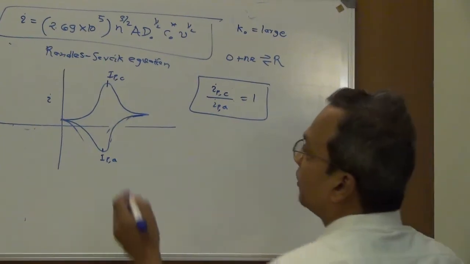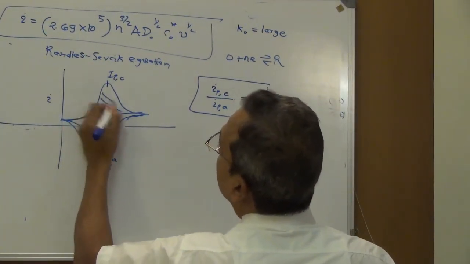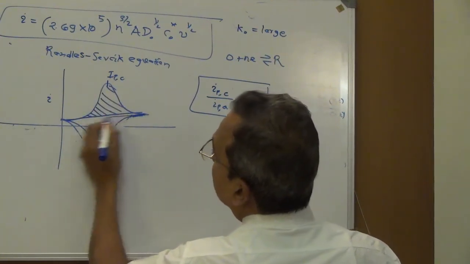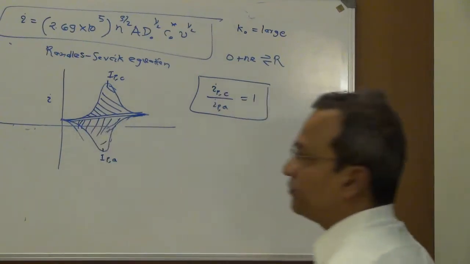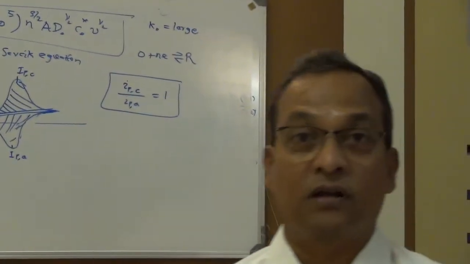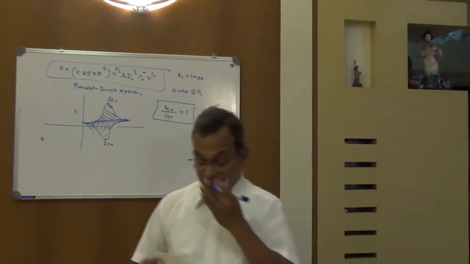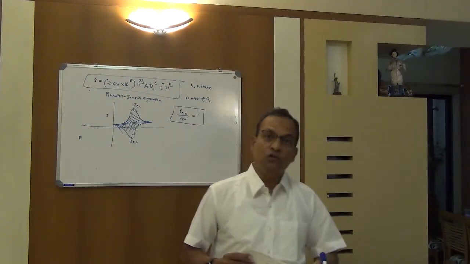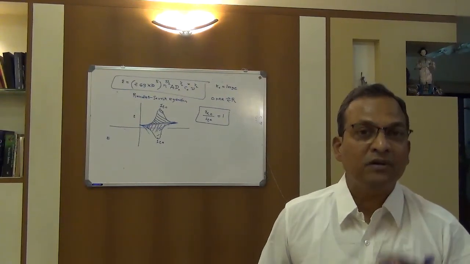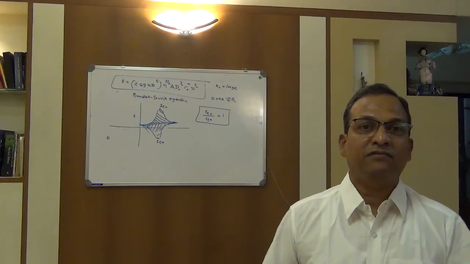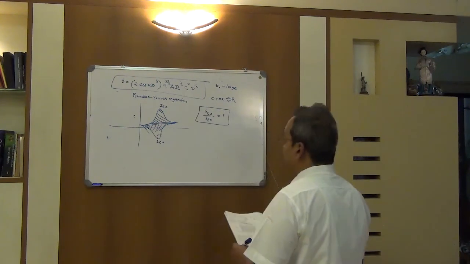That means if you integrate or calculate the number of coulombs under these two curves, you will find they are exactly equal. It is like if I give you 1,000 rupees and ask for the money back immediately, you are in a position to give it back immediately. That means my electron transfer is reversible and fast. Well, this is the Randles-Sevcik equation.